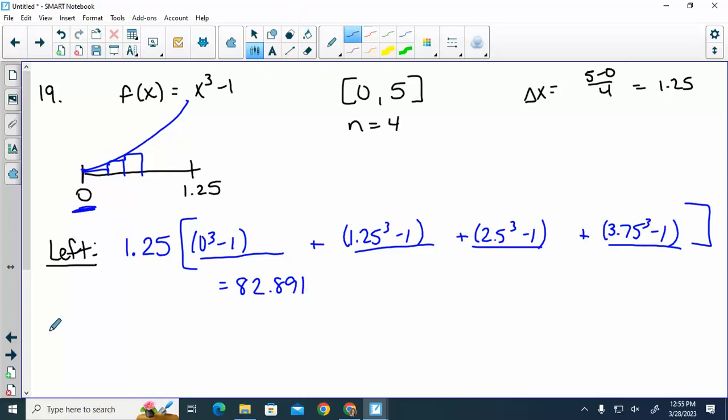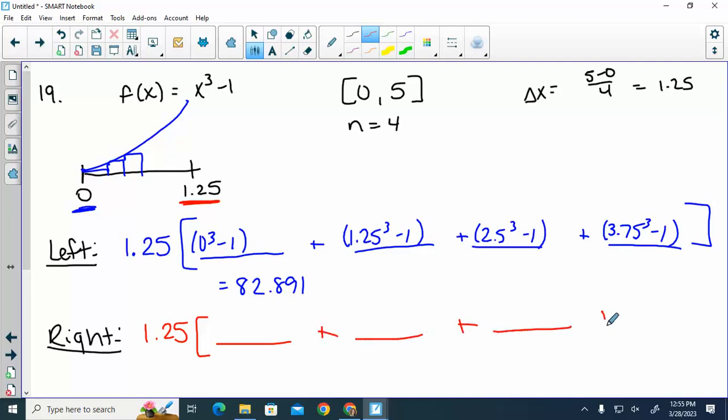So next, let's do the right hand side. So if we're dealing with this interval, which point is on the right? 5/4. It's the same. So the difference is we aren't starting at 0. The first one I plug in is the 1.25, but then we have 4 total points again. So I start by plugging in the 1.25 cubed minus 1, and then add your change in x.